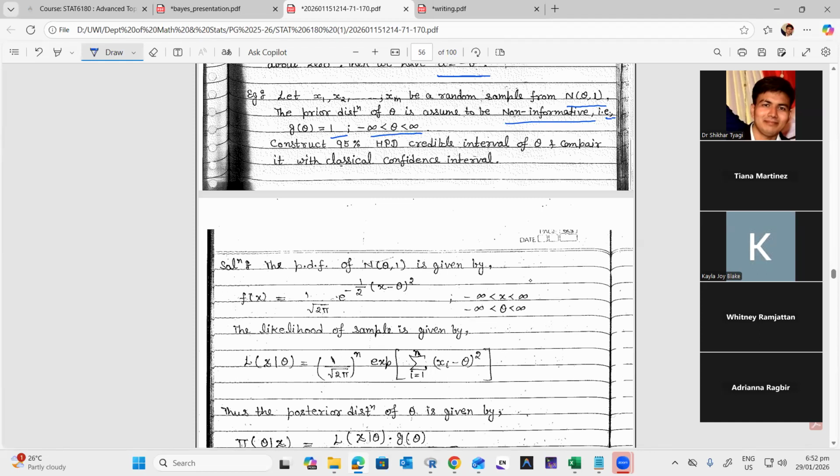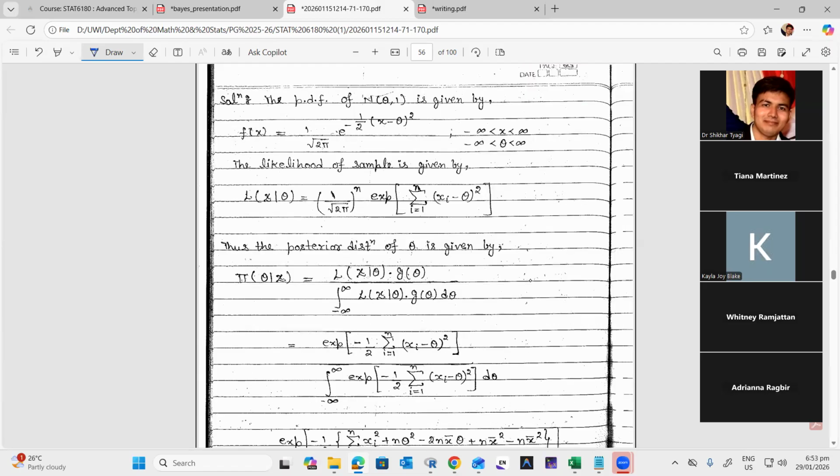So now the question is: construct the 95% SPD interval of theta and compare it with the classical confidence interval. So we need to find the 95% SPD credible interval of theta, and then compare it with the classical confidence interval.